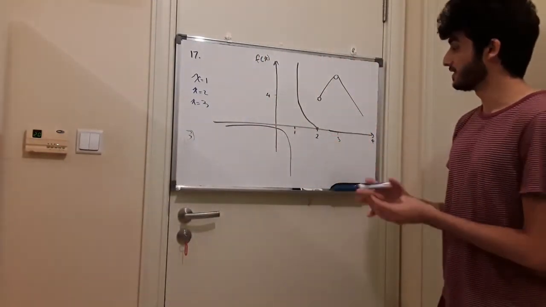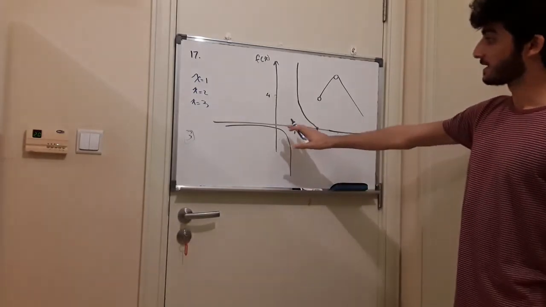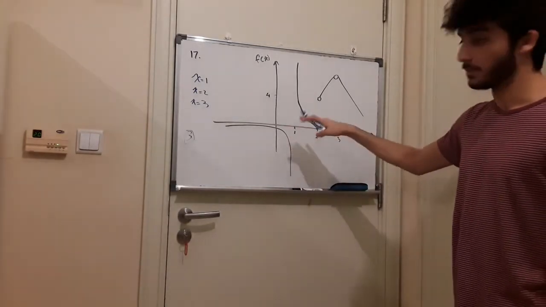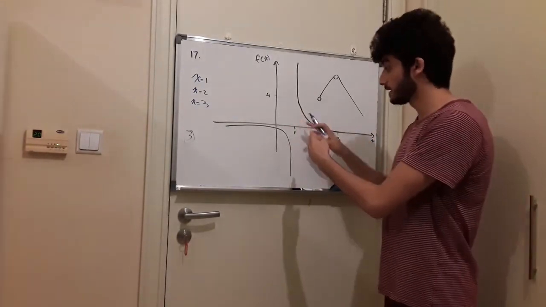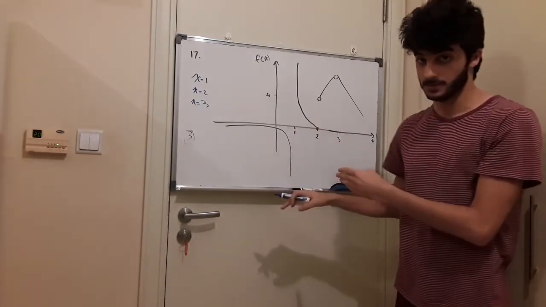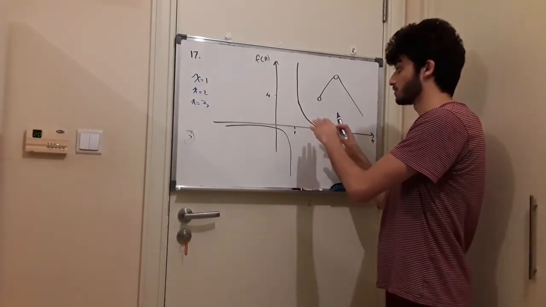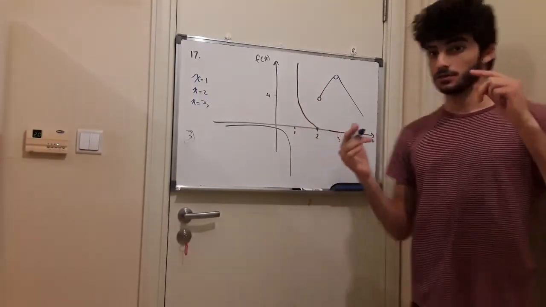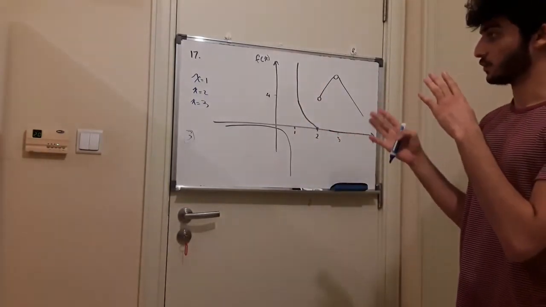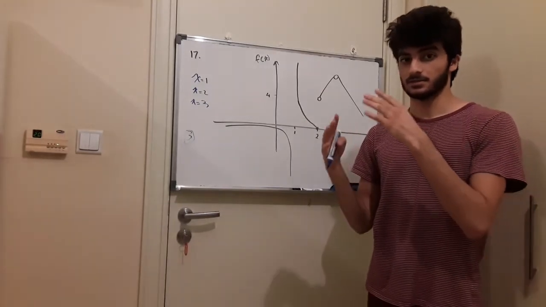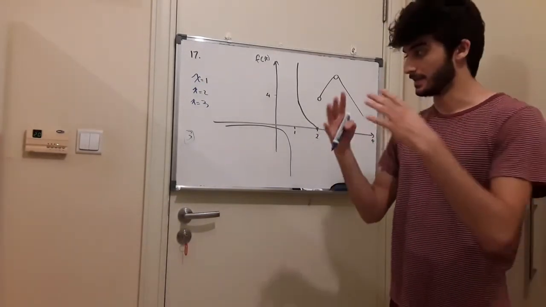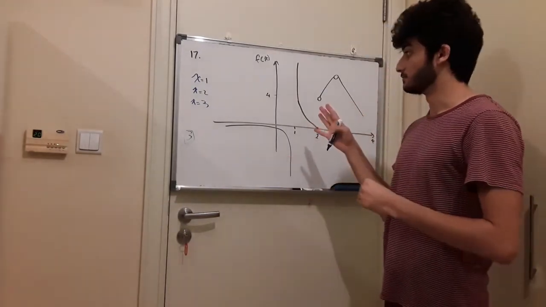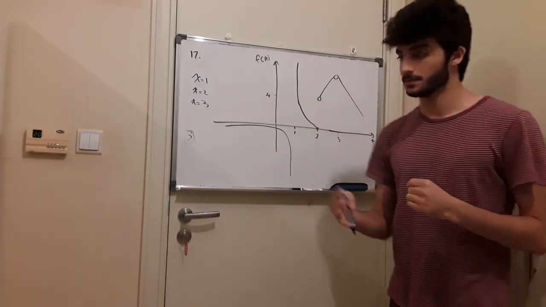But if you want to know the explanation, it's because the limit as x approaches 1 minus, from the left side, is going to be negative infinity. And as x approaches 1 plus, from the right side, it's going to be plus infinity. Whenever you have a limit and the answer is infinity, it's discontinuous.